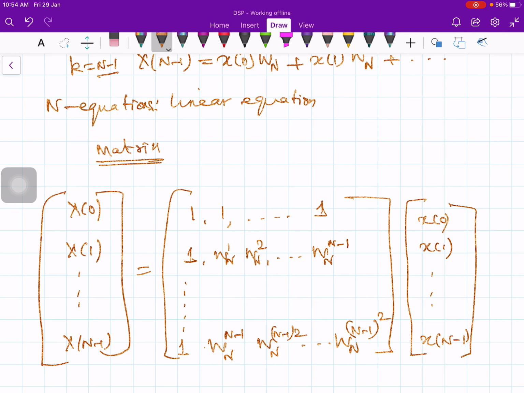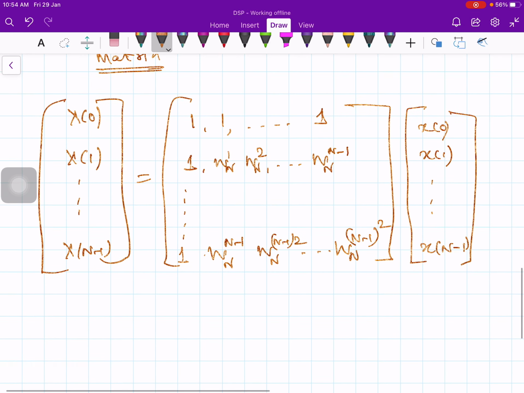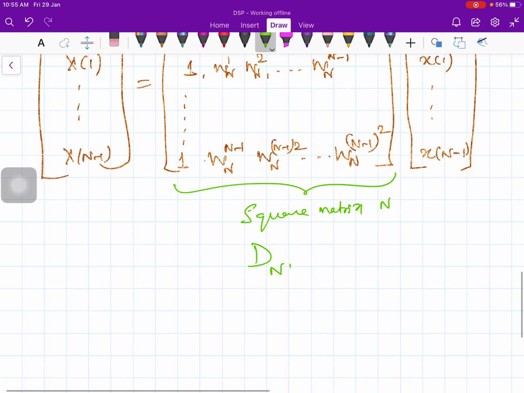So the matrix form is also a compact way of representing X of k. Now look at this matrix. This matrix is a square matrix of dimension n, and the square matrix is represented by the symbol D suffix n, and here this n indicates dimension.